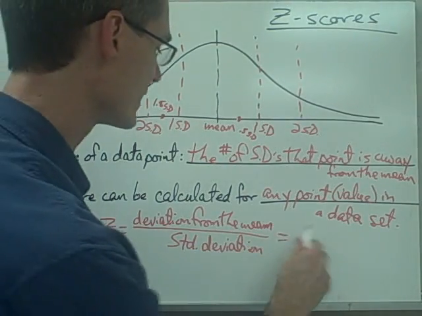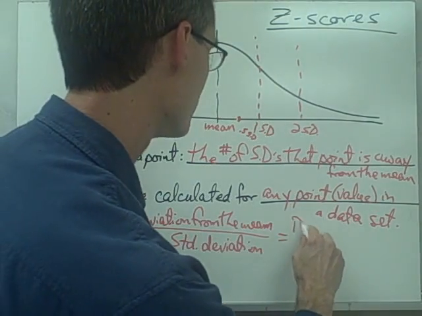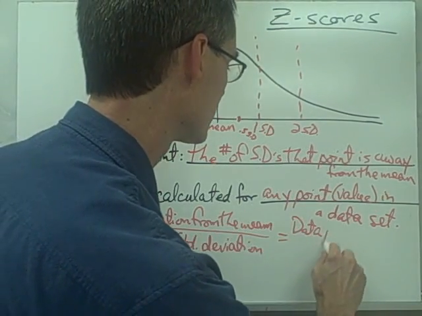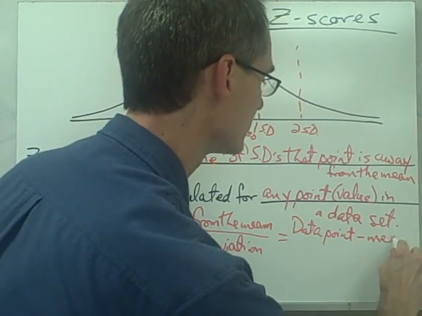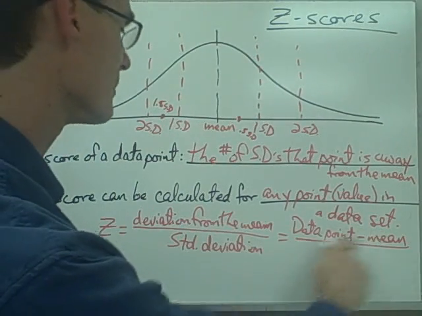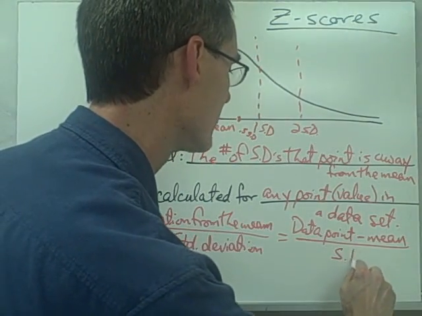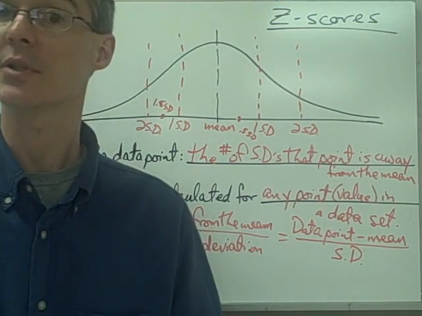Often you see this formula written as: you take the value of the data point and subtract the mean. That gives you the deviation from the mean. So data point minus mean, divided by standard deviation. And that gives you the z-score for that particular point.